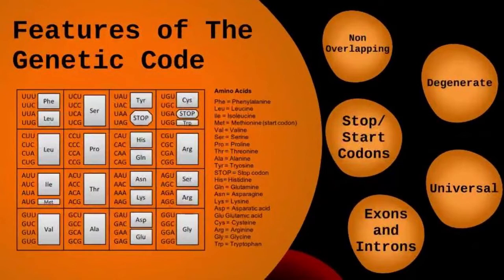If you wrote out all the different combinations of those 4 nucleotide bases as codons, you may work out that there are actually 64 possible combinations. However, we only have 20 different amino acids. So what this means is that you can have more than one triplet representing the same amino acid.